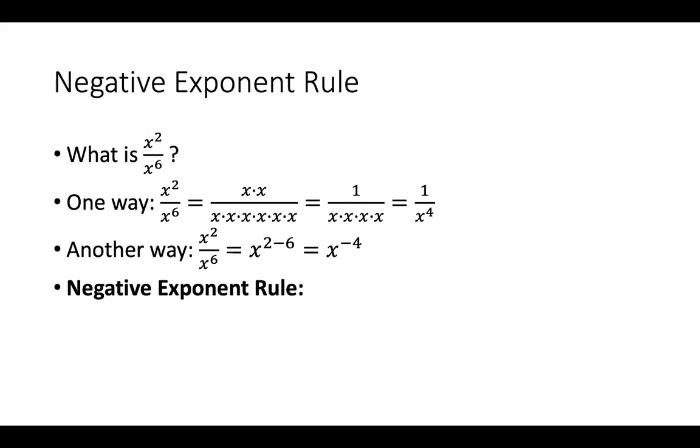And that gives us the negative exponent rule, which says that for any real number a not equal to 0, a to the power negative n is equal to 1 over a to the n. In other words, a to the negative n is the reciprocal of a to the n. All right, so if you have to remember the negative exponent rule in one word, that one word would be reciprocal.